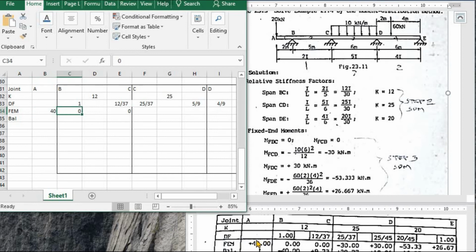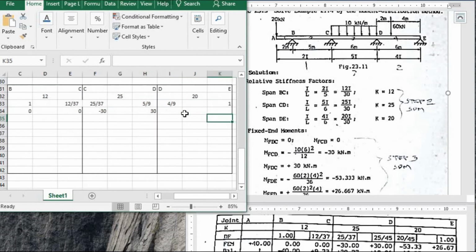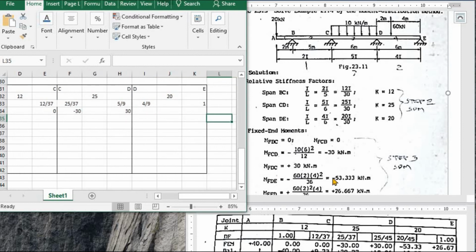Ito siya. Next is section CD. Okay? Dito na tayo. Sa section CD, you have negative 30. This is a whole number, so you simply type there negative 30. Dito naman sa DC, it is also 30. So you type there 30. And then at section DE, hindi na yan whole number.